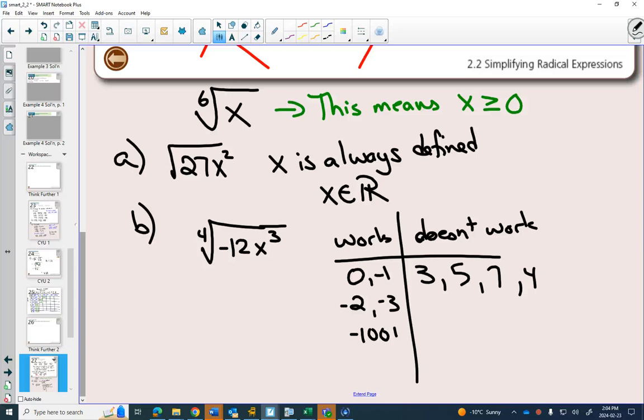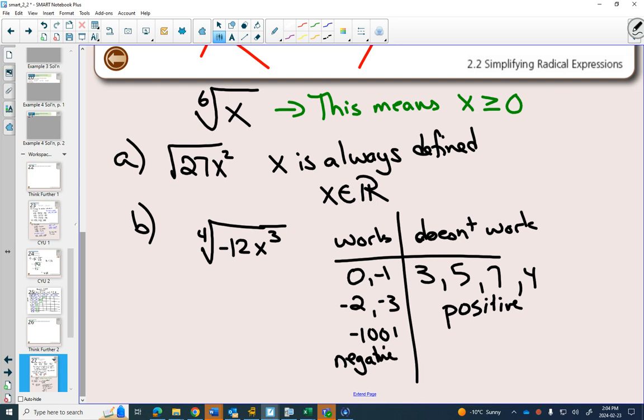And all of a sudden you start to think, well, I'm going to try an idea of something positive. Anything positive cubed will be positive. And then I take that positive number, multiply by a negative, then I get a negative number. And then I can't fourth root it. And then I find out over here, anything negative cubed is going to be negative.